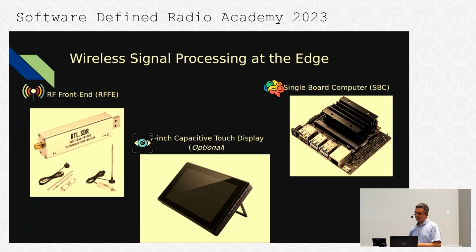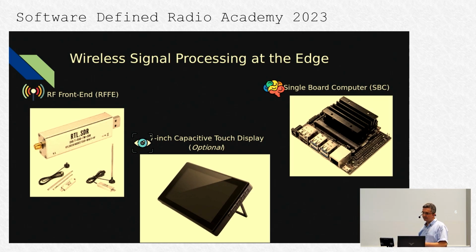We also chose the NVIDIA Jetson Nano single board computer, the right top one. It's very similar to Raspberry Pi, but it's a heterogeneous compute platform to run a broad range of applications. The prototype also includes a touchscreen display, so it becomes portable and can work as a standalone device.